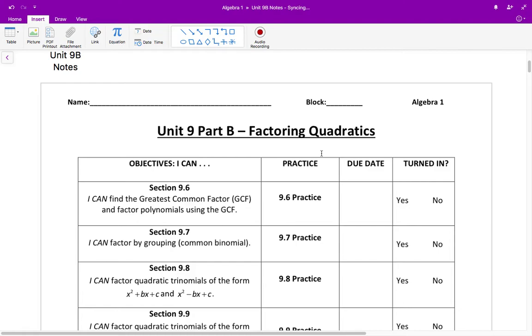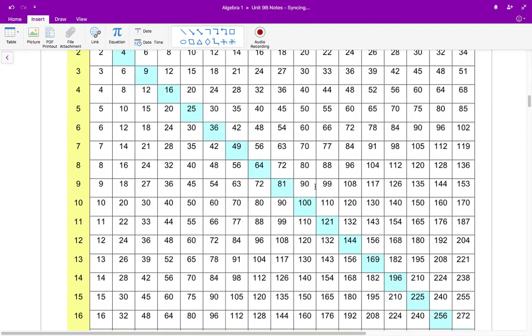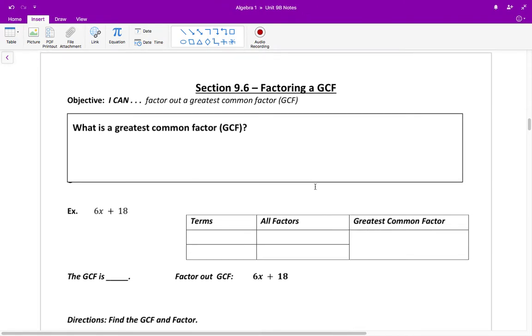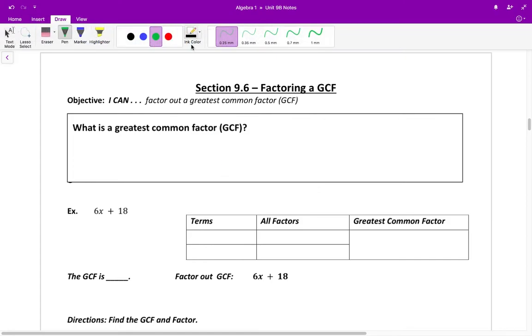Basically, just to give you a short rundown of what that means. If you remember last unit, how we were doing all this distributing and multiplying, we're going to be kind of undoing that. We're going to be working backwards in this unit. Okay, so the first way we're going to start with that on section 9.6 is by factoring out what's called a greatest common factor. So let's talk about what a greatest common factor is.